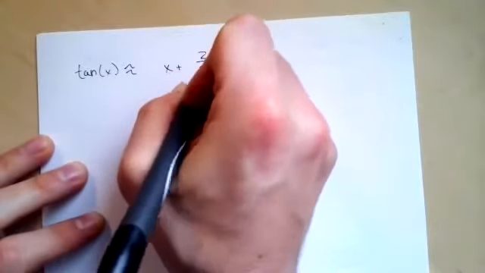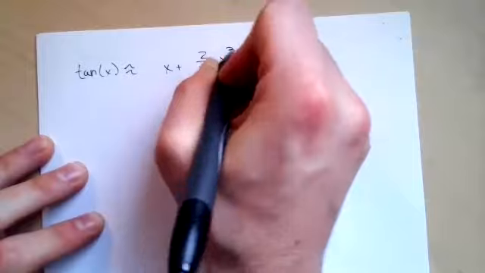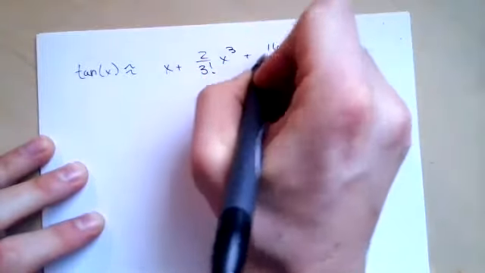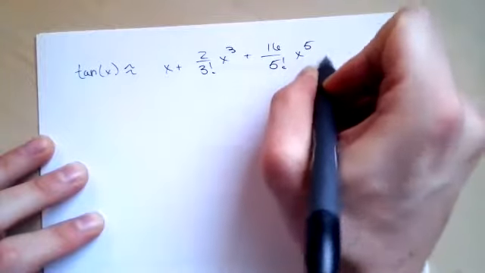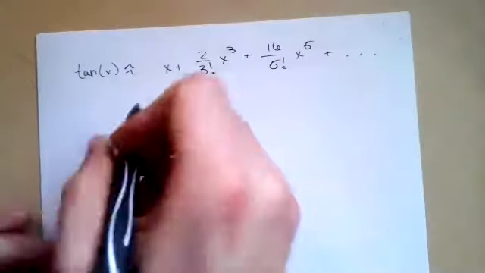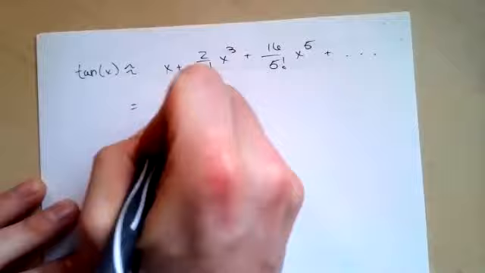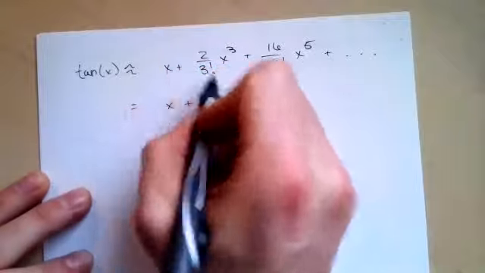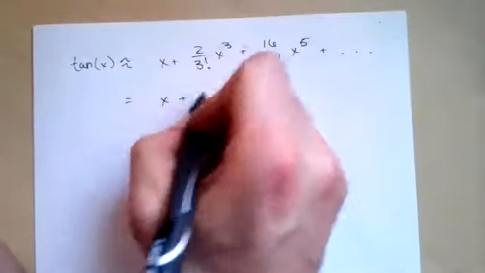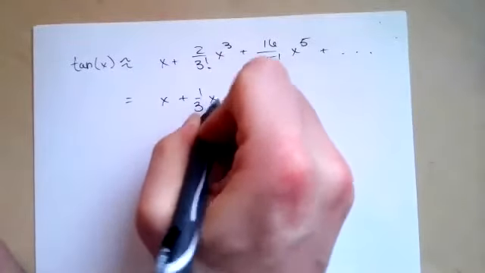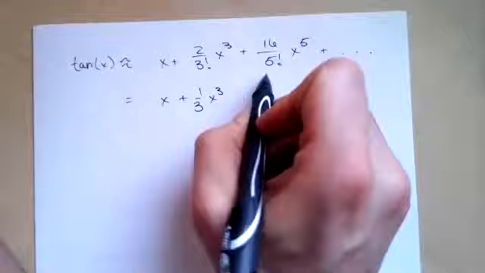It's going to be x plus 2 over 3 factorial x cubed plus 16 over 5 factorial x to the 5th plus some higher order terms that get really complicated. And if we wanted to simplify or at least change how the coefficients look a little bit, we can write this as 1/3 x cubed. 16 is 4 times 4.